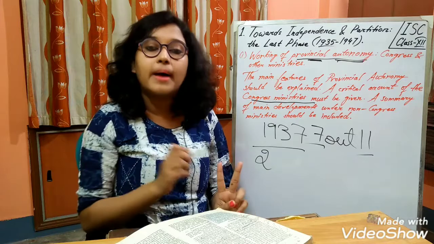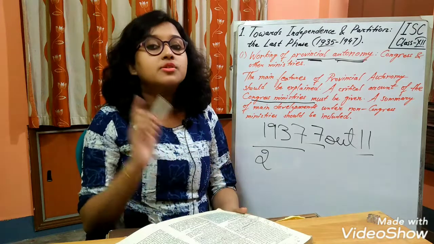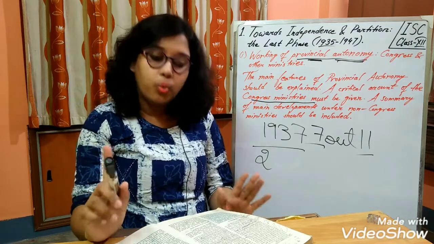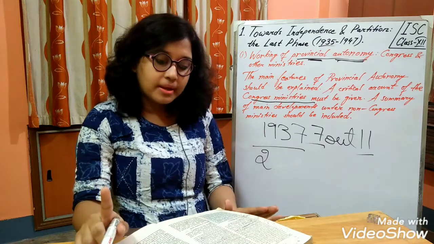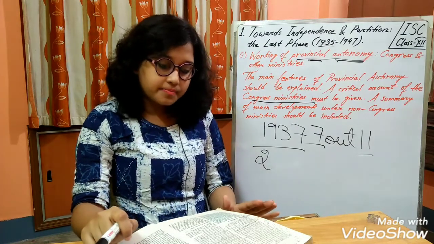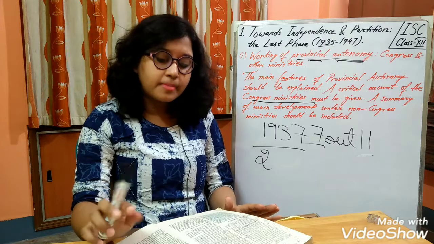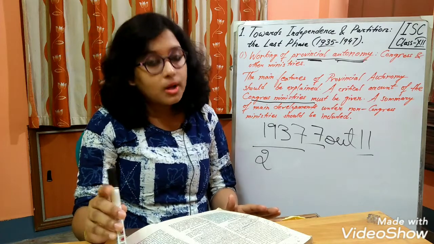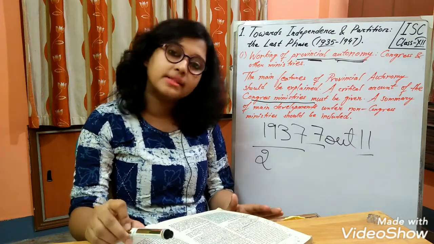In 2 provinces, Punjab and Bengal, Congress could not form ministries. Punjab was ruled by the Unionist Party, and Bengal had a coalition of the Krishak Praja Party and the Muslim League.